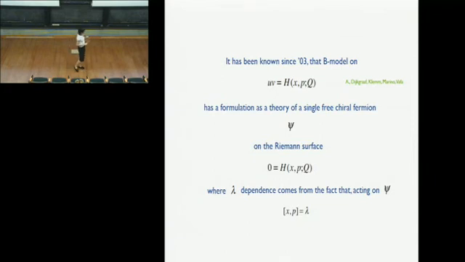Well, it's a free fermion, it's not a free CFT. It's not free in that acting on psi, x and p do not commute. And the lack of commutativity is captured by the string counting, by the loop counting parameter lambda. So this is a bit weird, but it's definitely true. It's weird because it's not what you thought if you started out studying the B model.